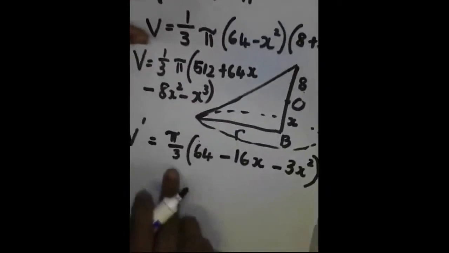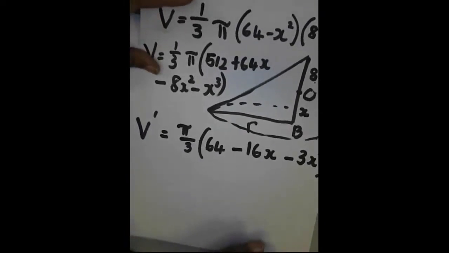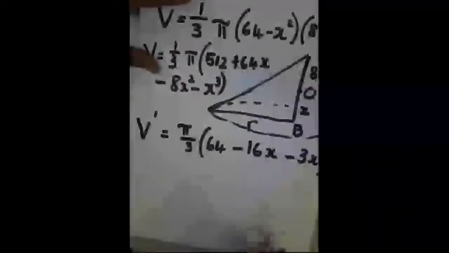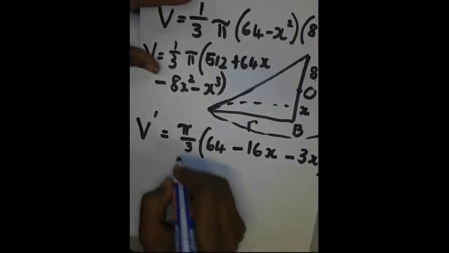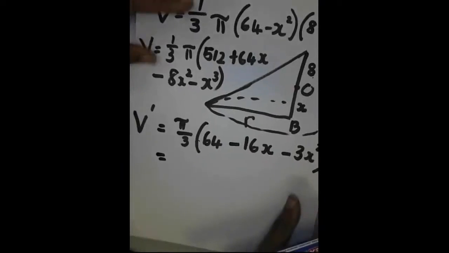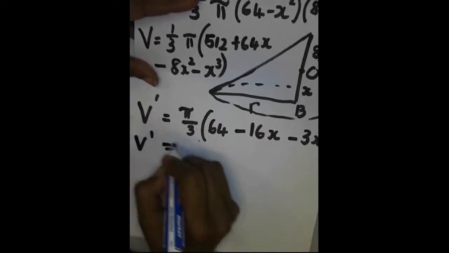I've got this third in front of it, so can I divide each term by 3? Well, if I divide each term by 3, every one of them will be divided. So I set my derivative equal to 0.